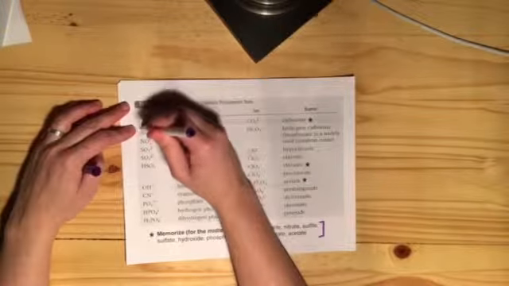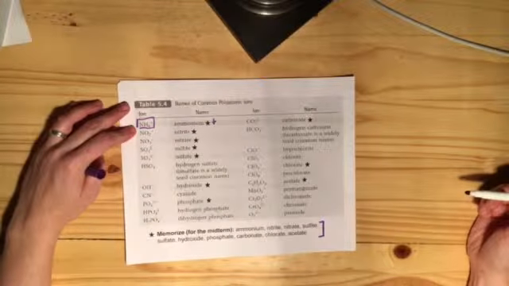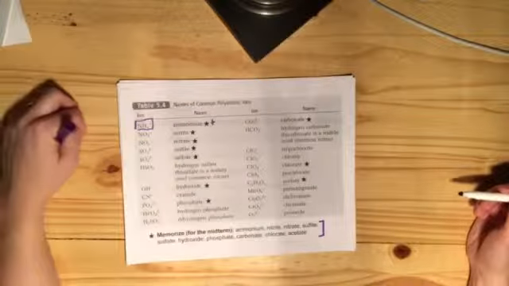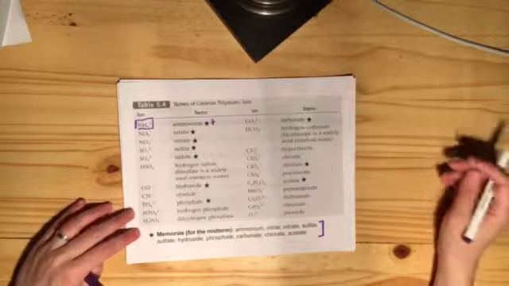Ammonium is the only positive polyatomic ion. Or at least the one that we're going to use most regularly, the only positive one. The rest are negative. Almost all of them contain oxygen, with the exception of ammonium. And then they contain some other nonmetal, and they will sometimes also contain hydrogen, but different numbers of oxygen.